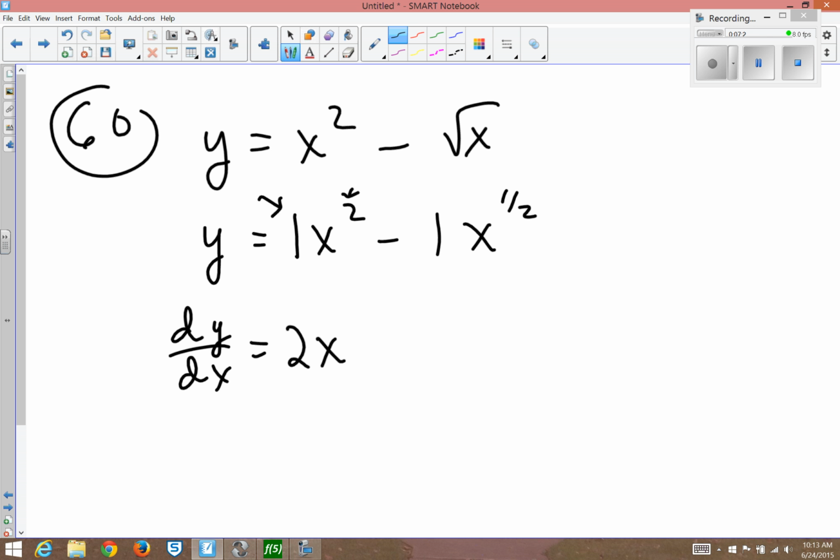Copy the x, and the 2 becomes a 1. Same rule here. This number here gets multiplied to this number. The x gets copied, and the 1/2, whatever the exponent is, we have to take away 1. Just like this 2 became a 1, this exponent becomes this exponent.